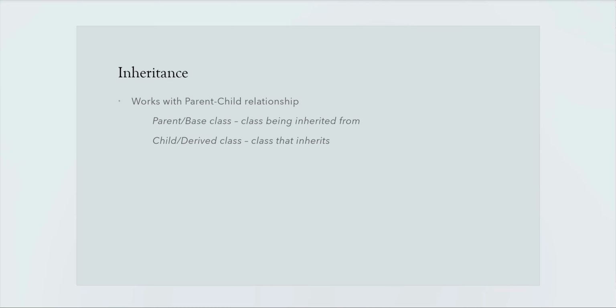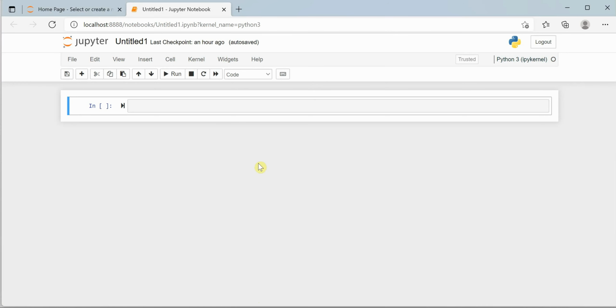Whereas the child class, which you can also call a derived class, is the one which inherits the properties given by the base. So let's understand it again. The parent class is the one who will give, whereas the child class is the one who is going to take. So let's create a class and understand this concept in a much clearer manner.